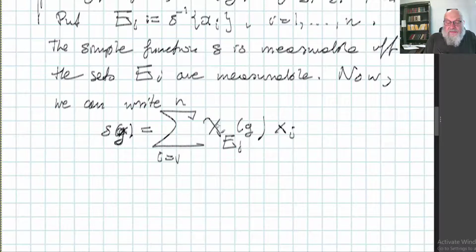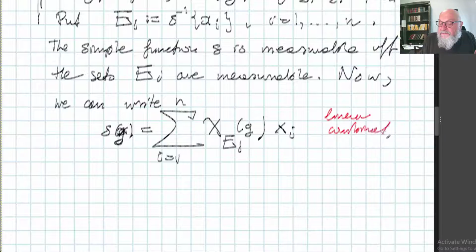We should notice that this is a linear combination of the vectors x_i. Convex would be for the integral.